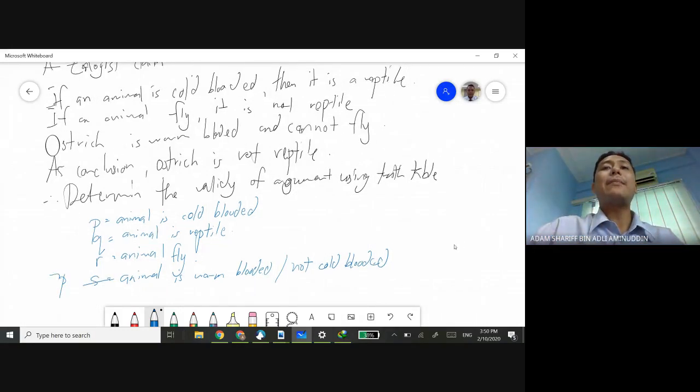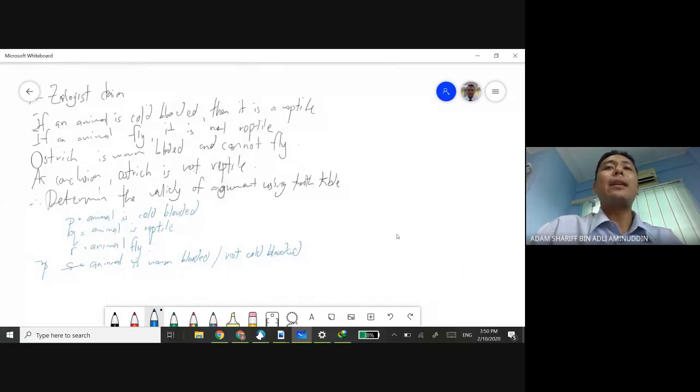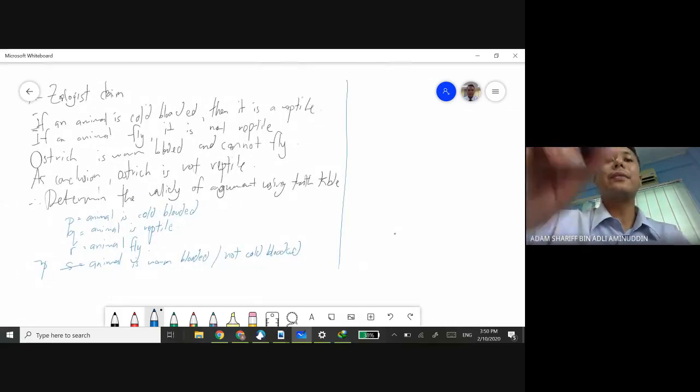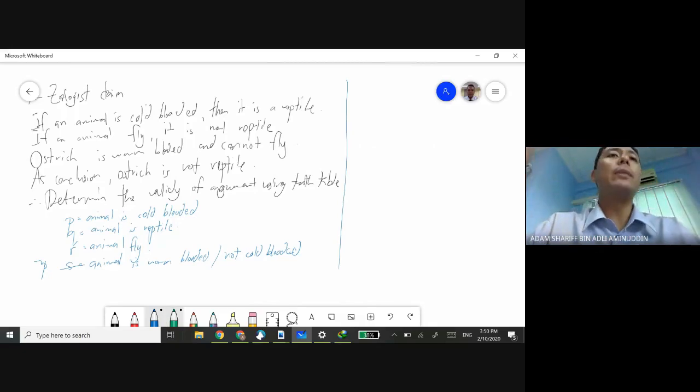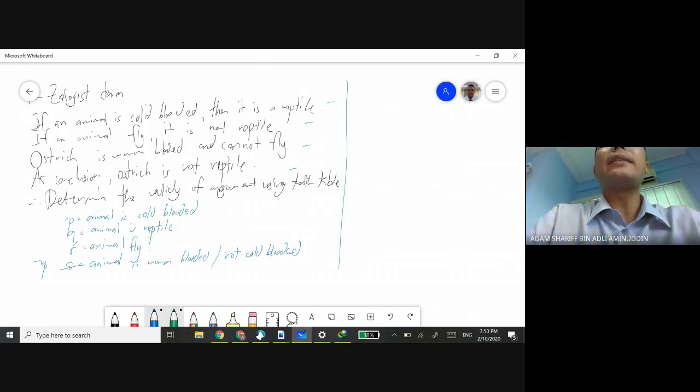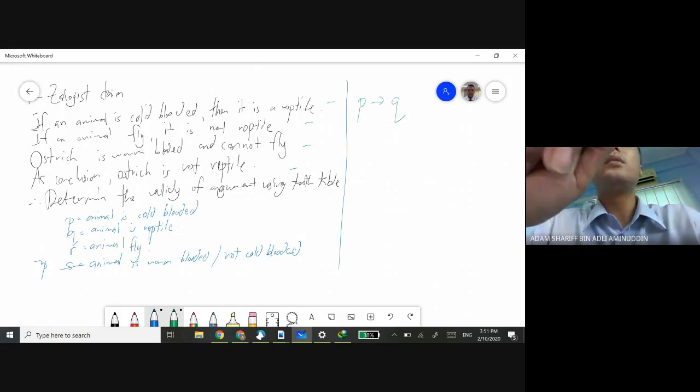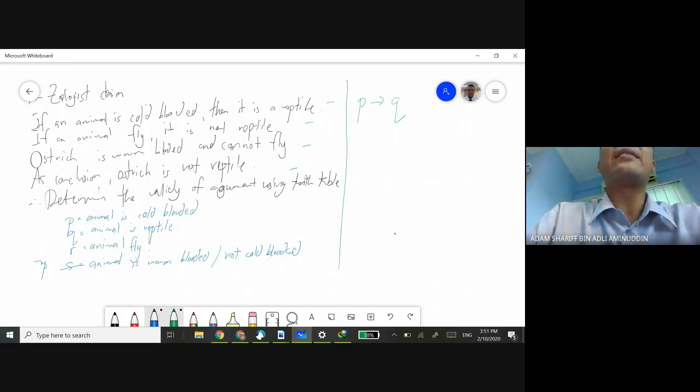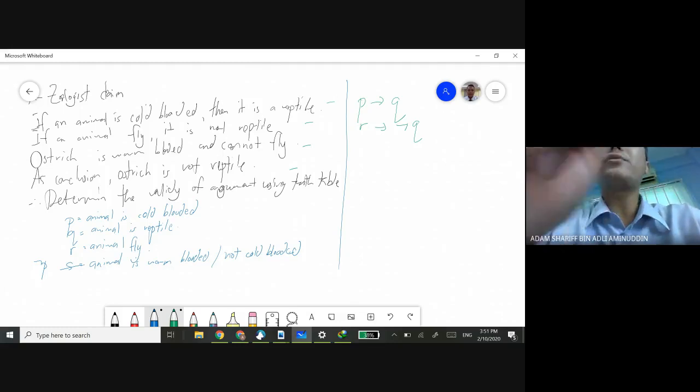Okay, I have this establishment, then I try to derive the argument. There are 4 lines here: 3 premises, 1 conclusion. If animal is cold-blooded, P, then it is reptile, Q. If an animal flies, R, it is not reptile, not Q. Ostrich is warm-blooded.